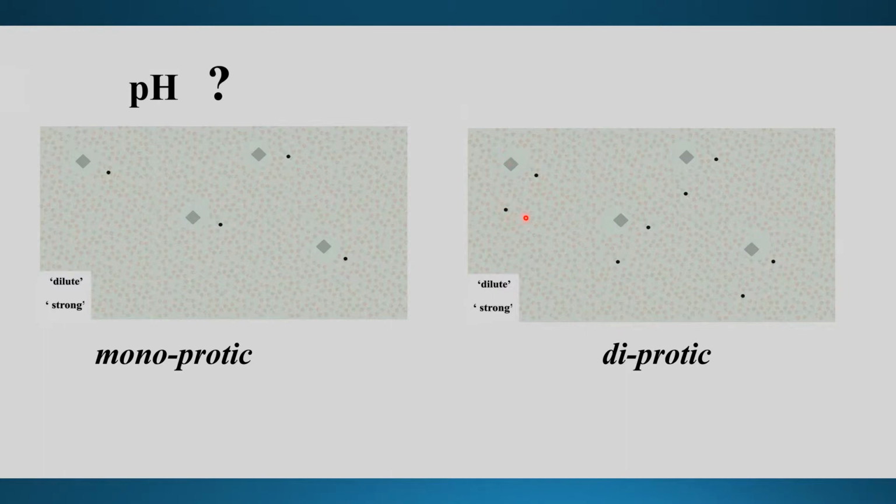Each acid molecule gives 2 H+. So you will give more H+. That means you will have a higher concentration of H+ ion. So it will affect the pH.